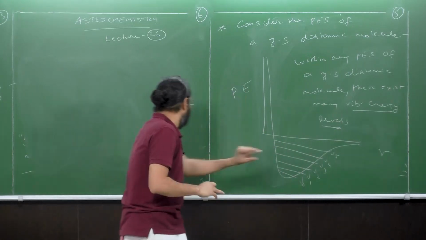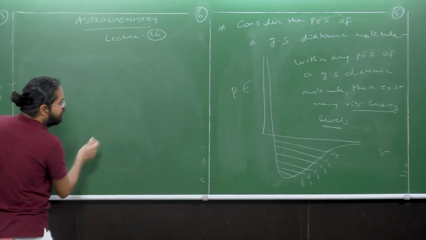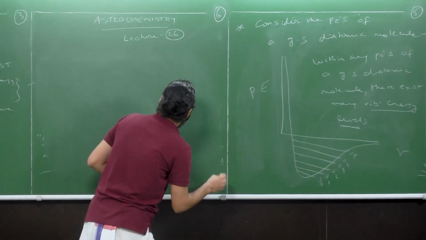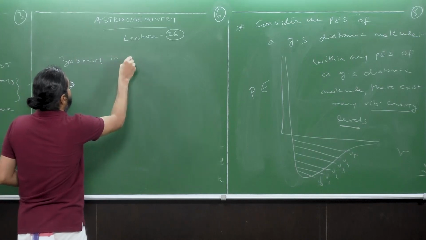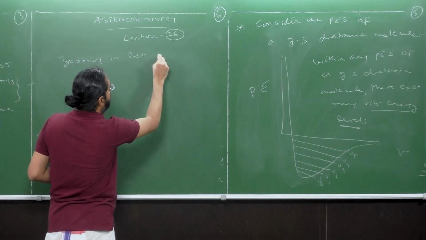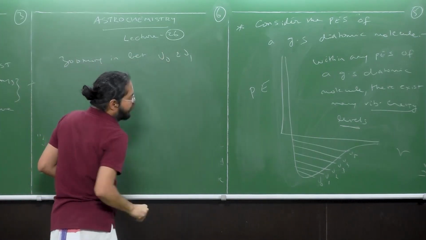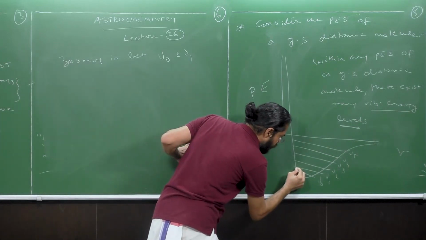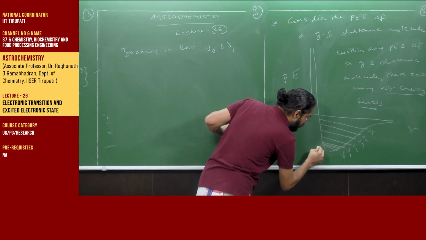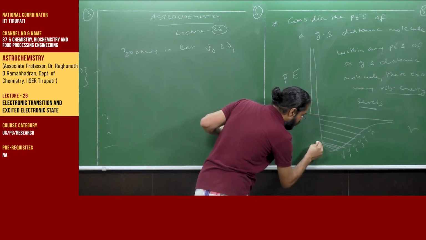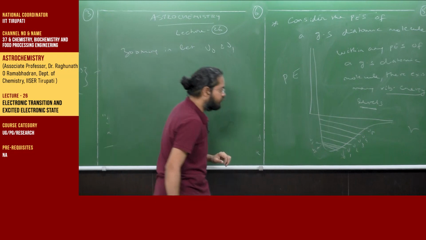So, if we zoom in between the various nu0, nu1, for example, we can call this R0, R1, etc.